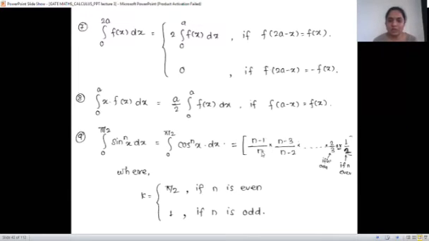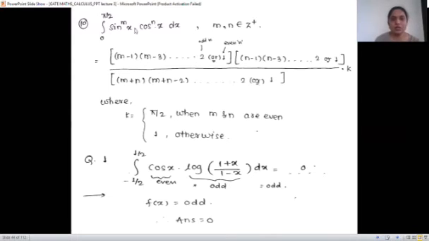And in the denominator, start with n, n minus 2, n minus 4, and so on, up to 3 or 2, and we have to stop. And into k, where k is pi by 2 if n is even, and k is 1 if n is odd.